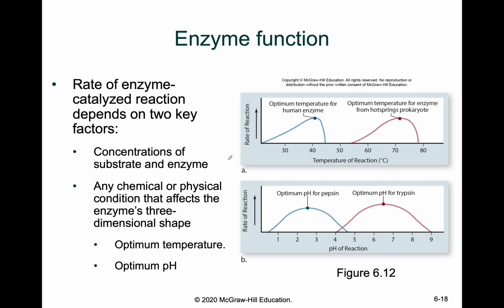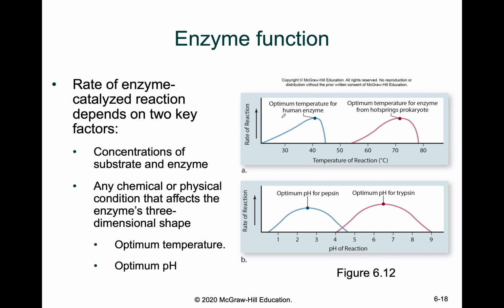But then another key piece to understanding their function is all of the chemical and physical conditions that the enzyme is within. So for example, if we look here at temperature, temperature has an effect on activity, or the rate of reaction.